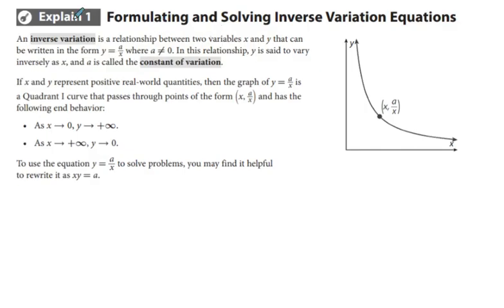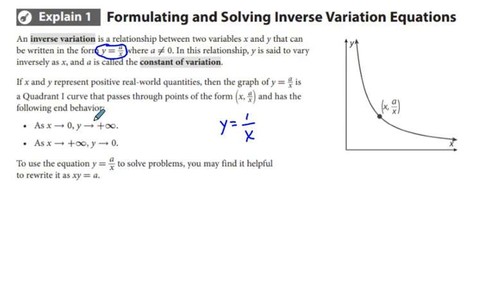Now here we have the explanation, which gets to the parent function in essence. We have y equals a over x, where a is called the constant of variation. In the parent function that we saw earlier, y equals 1 over x, the constant of variation is 1.